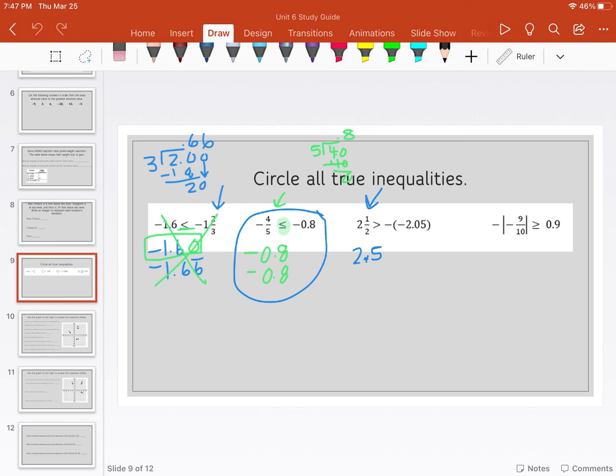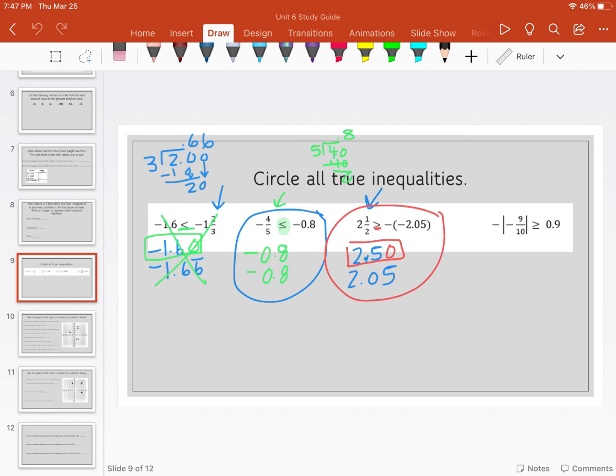So we're comparing 2.5, and then if we look at our next part, if we've got negative 2 5/100, and we're taking the opposite of that, that would be positive 2 5/100. So to compare, we're going to want to add a 0 here at the end. So we've got 2.50 and 2.5. So which one is going to be bigger? It is going to be this top guy right here. And if we look, the inequality that they wrote is correct because we want it to eat the bigger number.